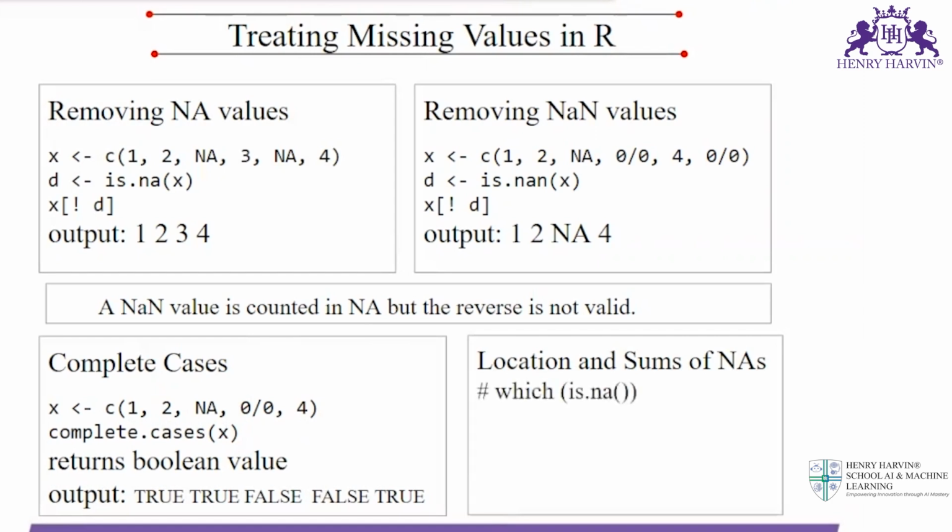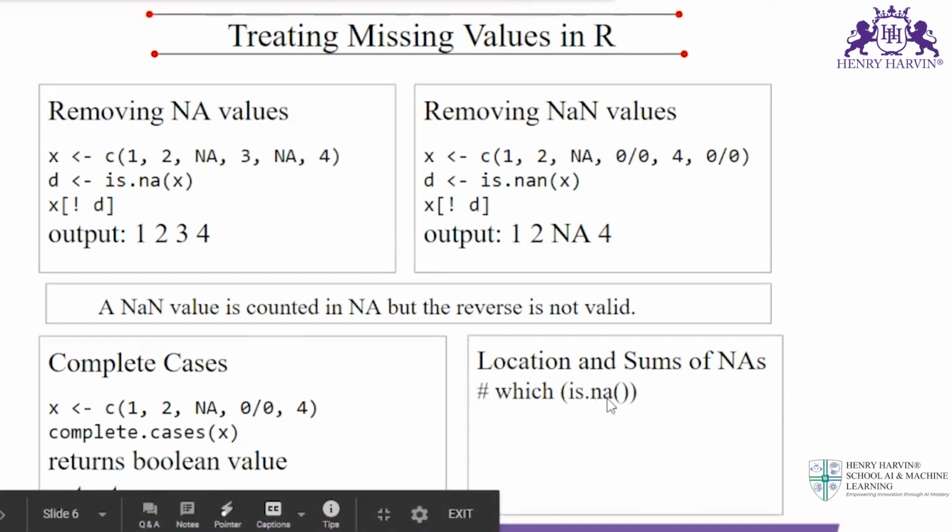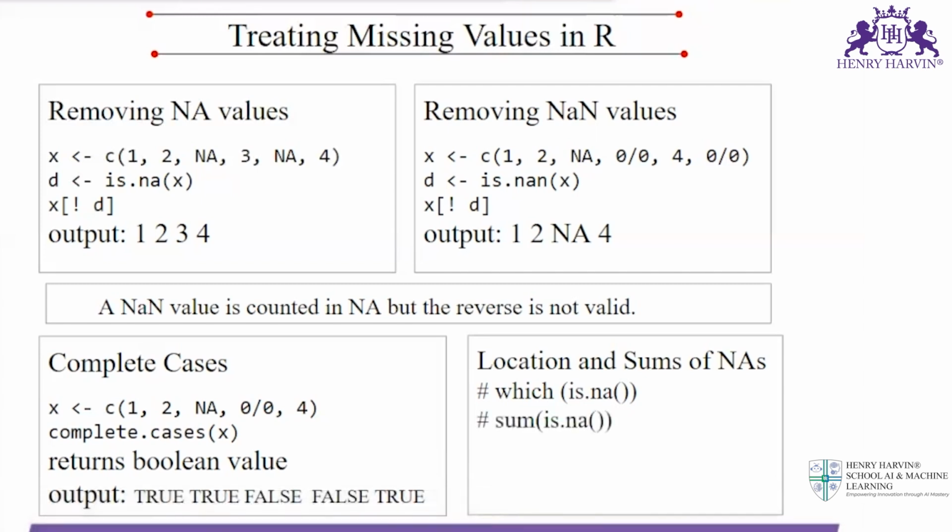First is the which function, which helps us understand where the NA values are present. Inside the which function we will use is.na, and all those positions where NA is present, it will return us the position of that value. Next, we can use the sum function, the column sum function, and the row sum function using is.na inside it.